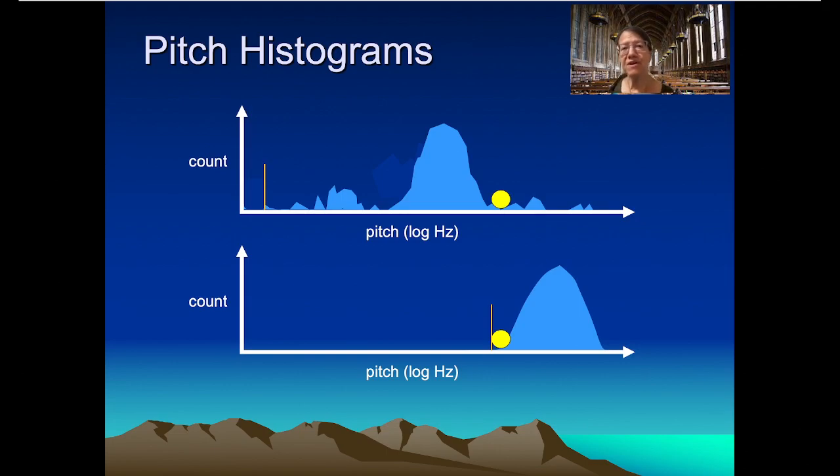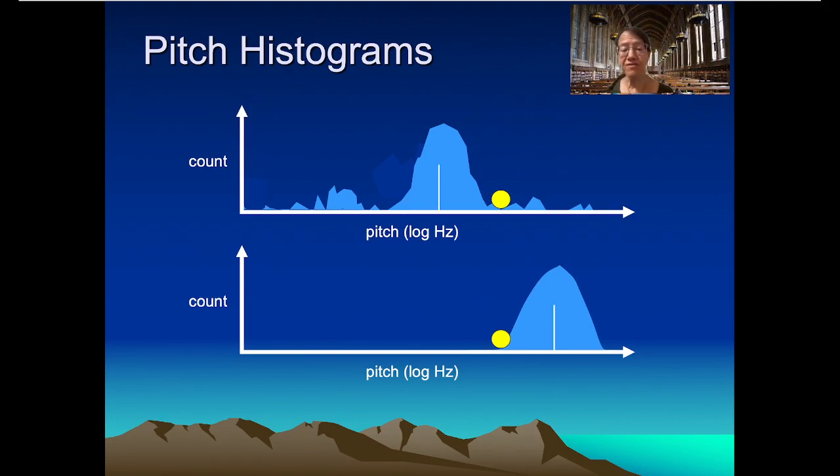The problem here is that extrema, like pitch minima, are very sensitive to different types of noise and distortion. They're sensitive to things like creaky voice in measurement, to background noise, and also to different types of errors in the pitch tracker. And so it's hard to get a really reliable estimate for pitch minimum.